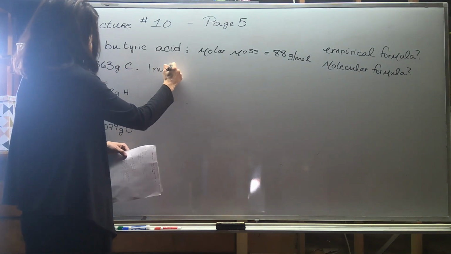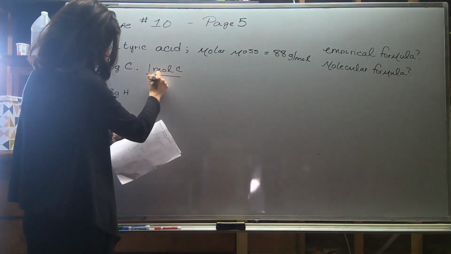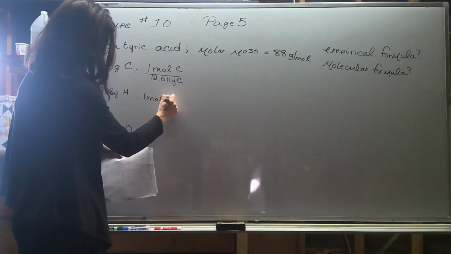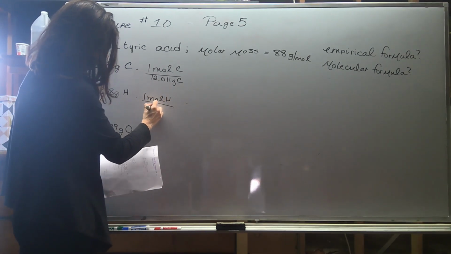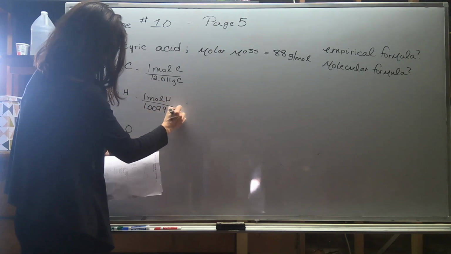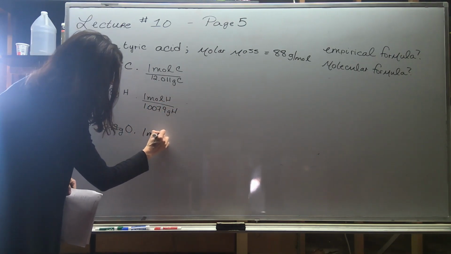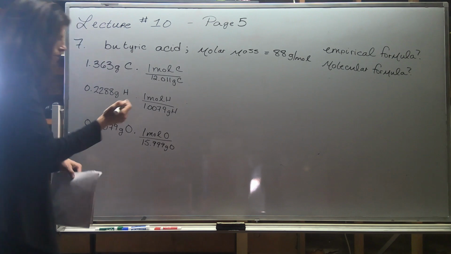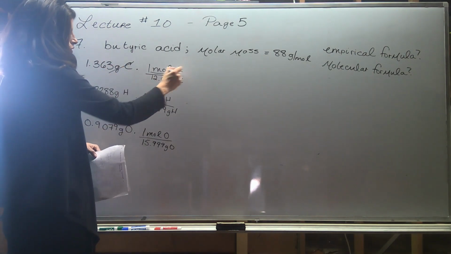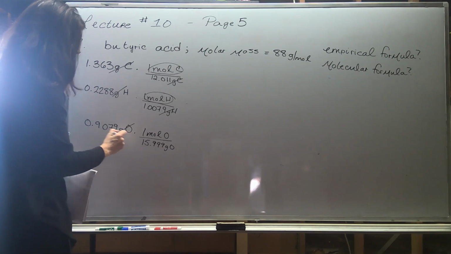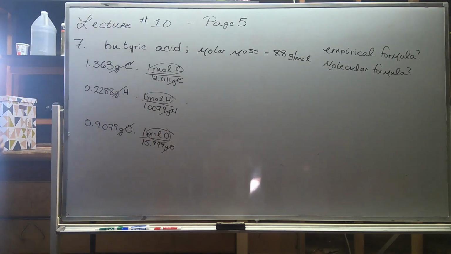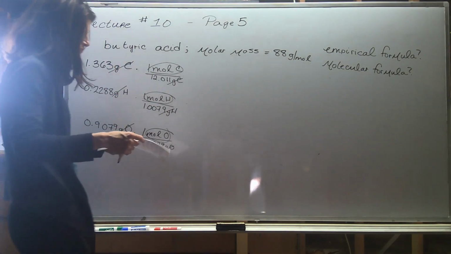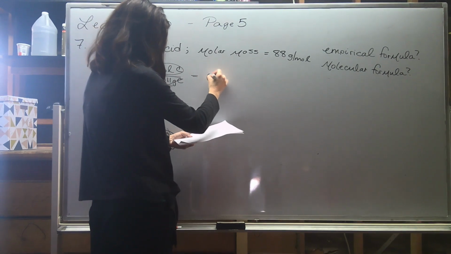So using our molar masses from the periodic table, looking at how everything cancels, grams, I'm just left with moles. Alright, so 1.363 divided by the 12.011, and I got these values.